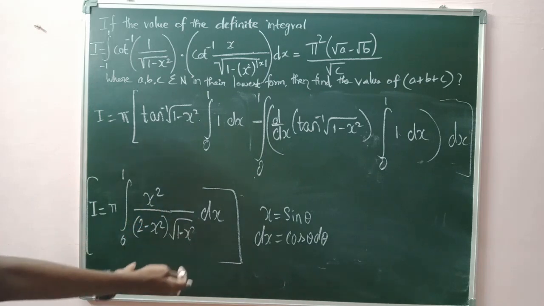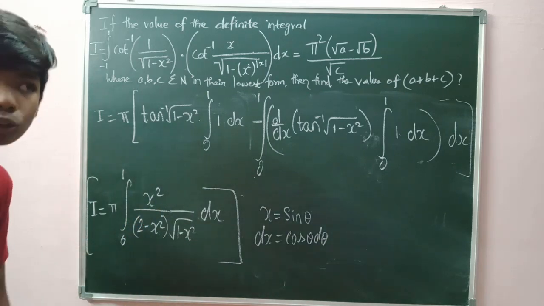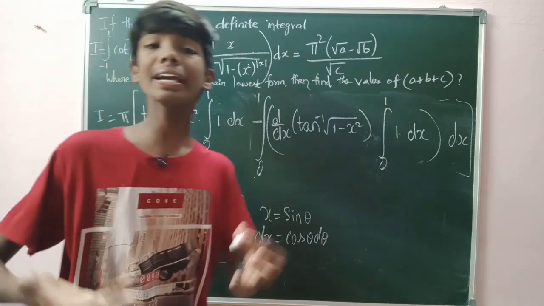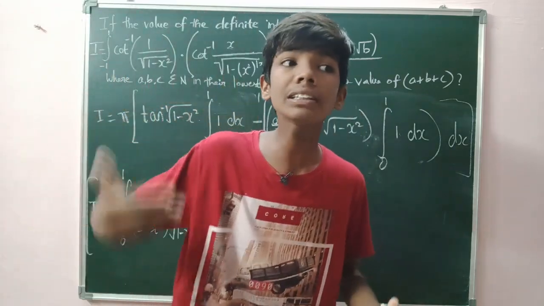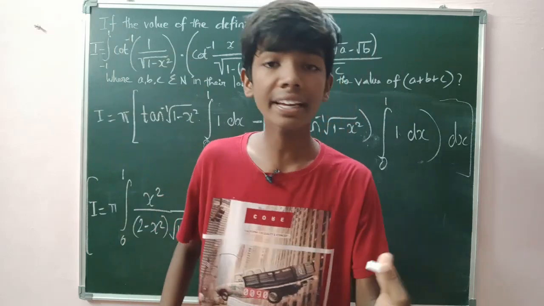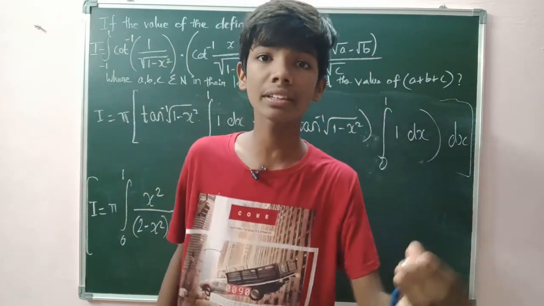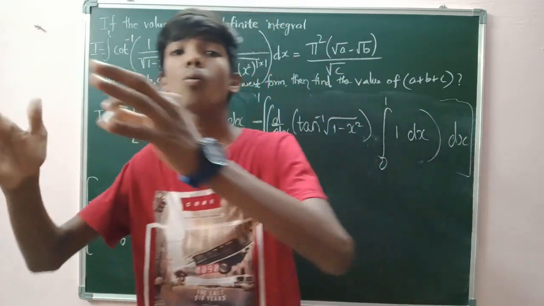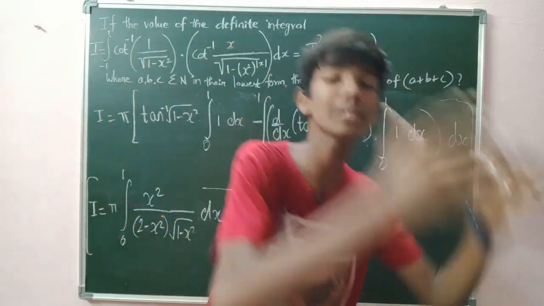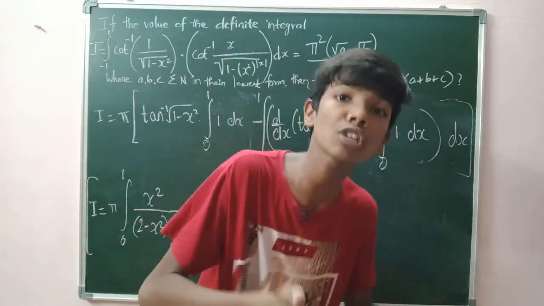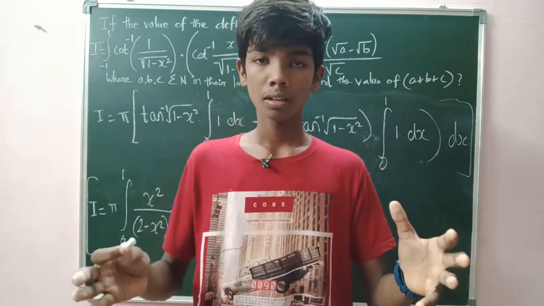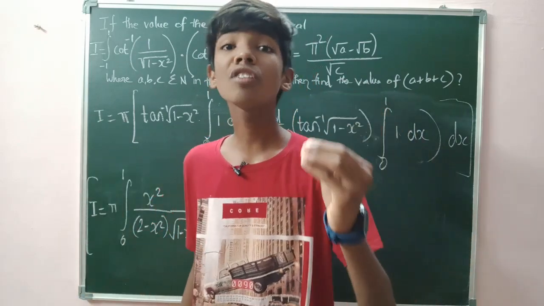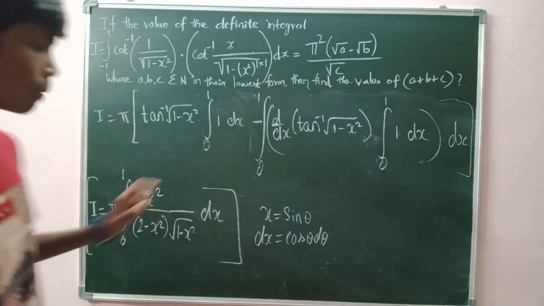So 1 minus x square is 1 minus sin square theta, which is cos square theta. So root of cos square theta is cos theta. I'm getting the value like that. And basically, in chapters like functions and integration, you will learn the substitution methods. For what value you should take what substitution. Like for a plus x square, what substitution. A minus x square, what substitution. Root of a minus x square, what substitution. Those things you will learn. And that is very important from the JEE point of view. So that's what I'm using here.